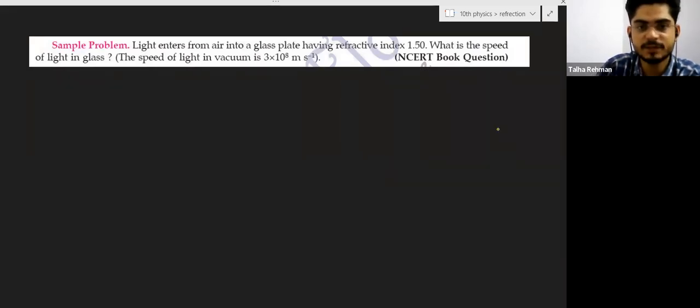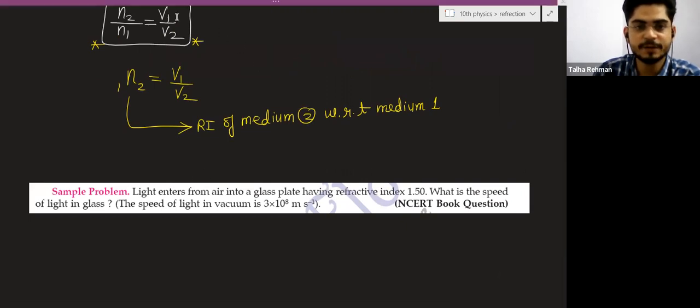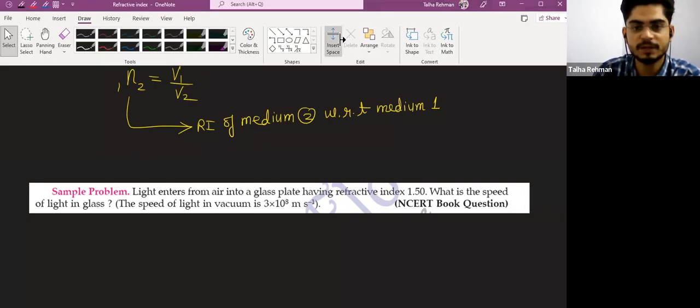They are saying light enters from air into a glass plate having a refractive index of 1.5. What is the speed of light in glass? They are asking. And the speed of light in vacuum they have given. I want to add one more point here before solving this numerical.